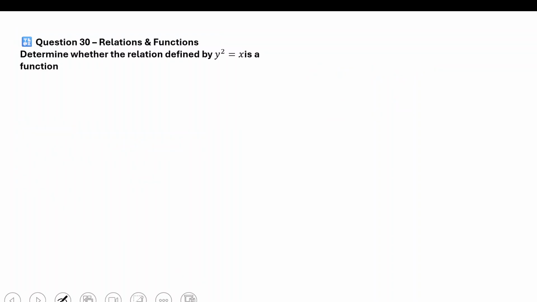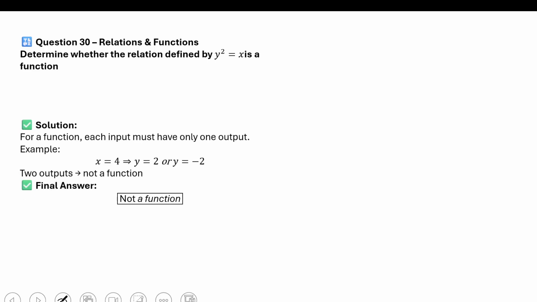Finally, determine whether the relation defined by y squared is equal to x is a function. I mentioned earlier that one input gives one output, right? So for a function, each input must have only one output.